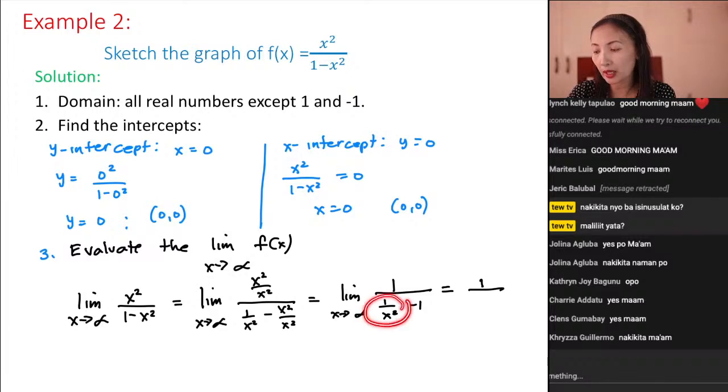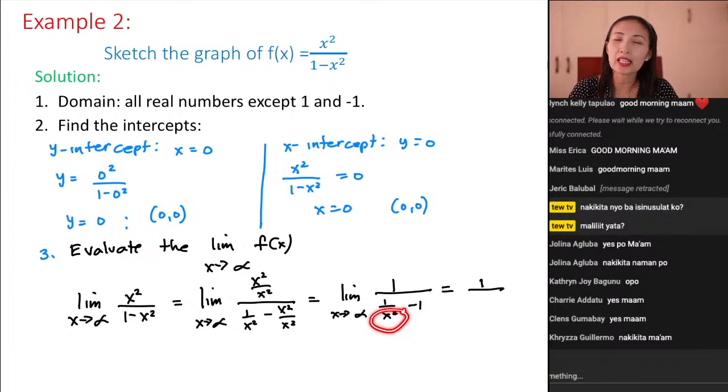If x gets bigger and bigger, raised to the second power, 1 over a very big number is 0. 1 over 100 is 0.01, 1 over 1000 is 0.001, and so on. So when x is too large, the value of 1 over x squared is very close to 0.